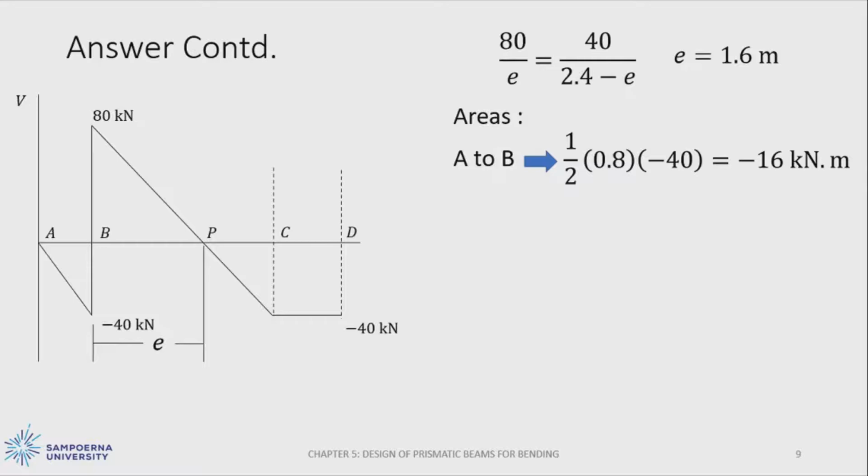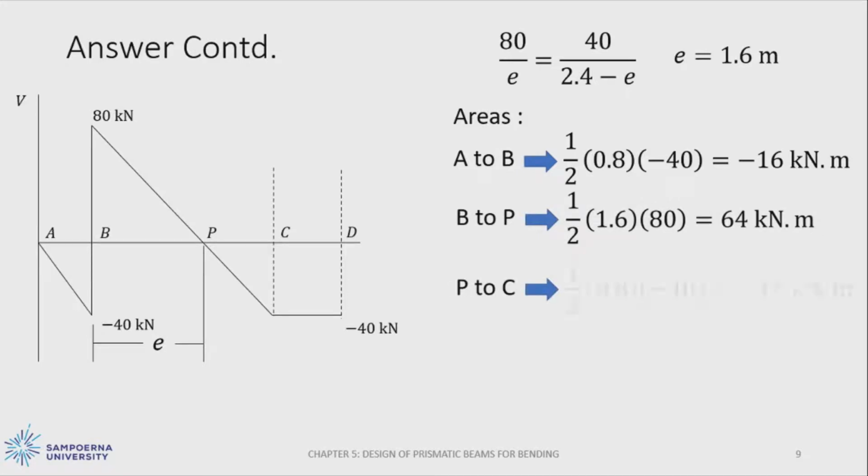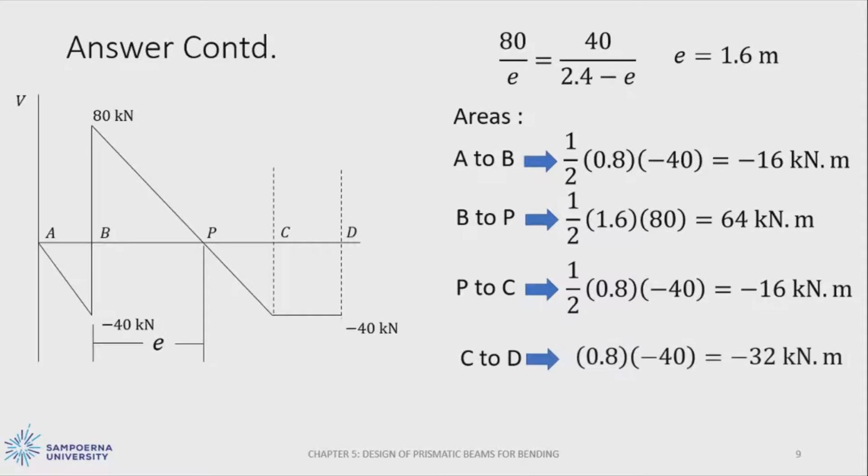We can use a triangle formula to calculate the area below the graph. Then from B to P is equal to 64 kilonewton meter. From P to C is equal to minus 16 kilonewton meter. And from C to D is equal to minus 32 kilonewton meter.